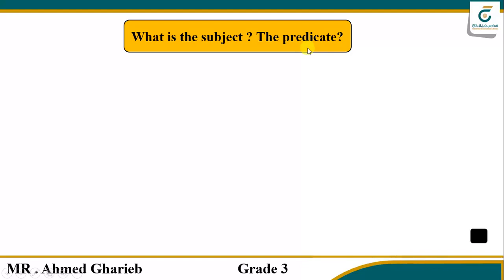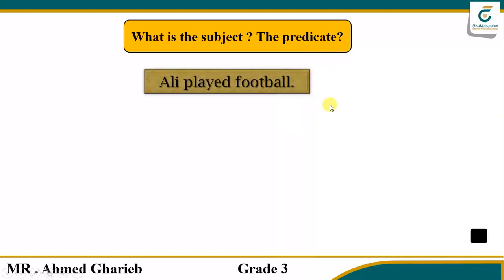Okay, it's talking about the subject. For example, Ali played football. Which one is subject and which one is the predicate? Be careful, the predicate starts with the verb till the end of the sentence. So the predicate starts with the verb and ends with the full stop.